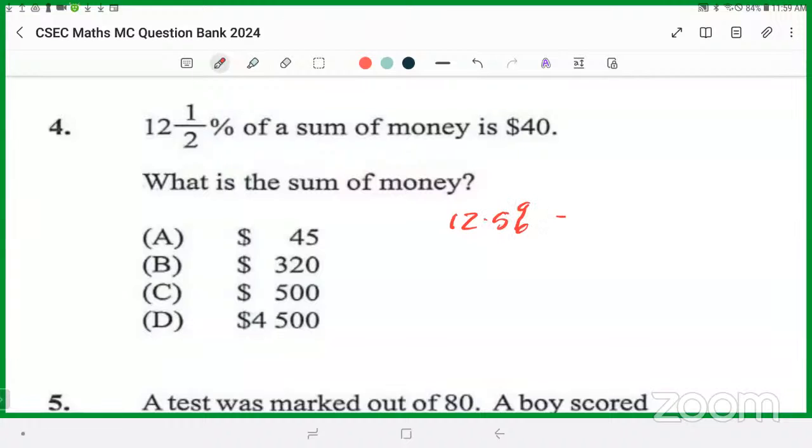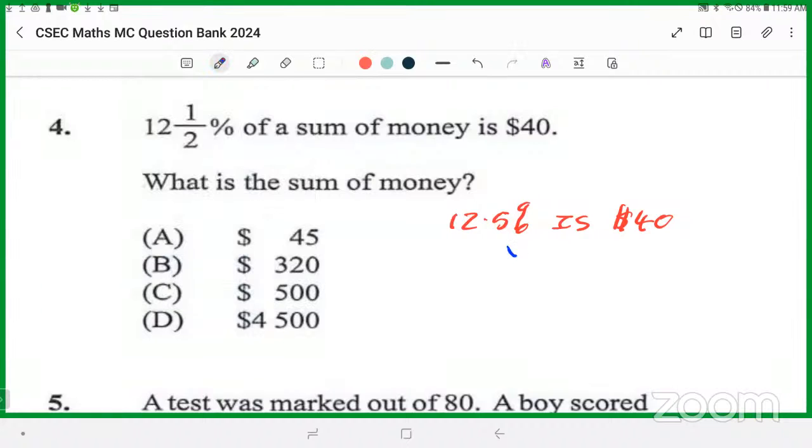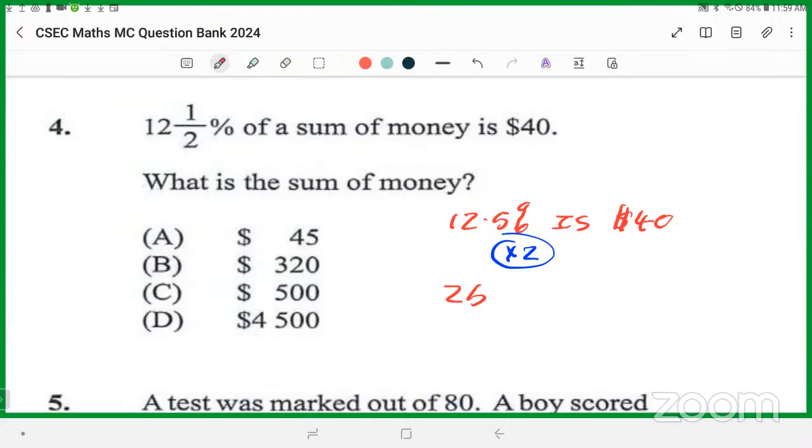12.5% is $40. The whole amount is 100%. So I want this to become 100. That's 12.5. Now I count up to 25 first. Easy numbers. So multiply by 2 first. If you see you can multiply by 8, no problem. But I multiply by 2 first. Multiply by 2 first, I get 25%. So if 12.5% is 40, then 25% is 80.